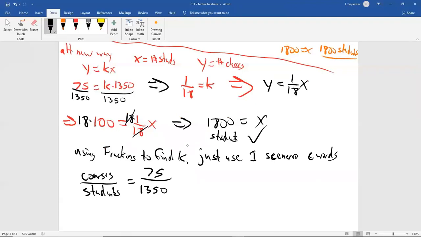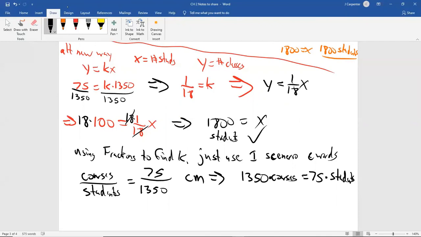And then you cross multiply, which will give you 1,350 times the number of courses equals 75 times the number of students. Make sure you know these aren't labels, those are basically variables. And then you can just choose to solve for one or the other.